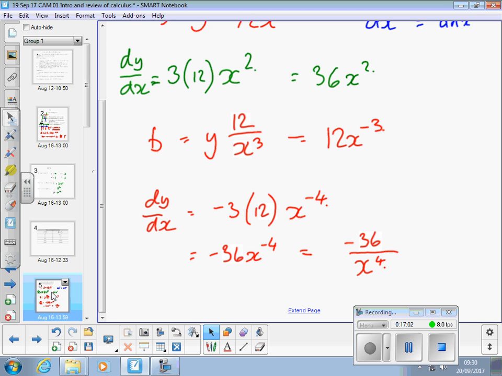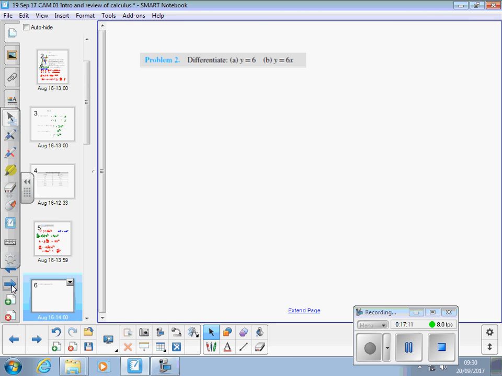So that's those two relatively easy examples. Okay? We're just refreshing what we did last year. So, a couple of special cases. y is equal to 6. How could we rewrite that so we can see what happens when we differentiate a constant?